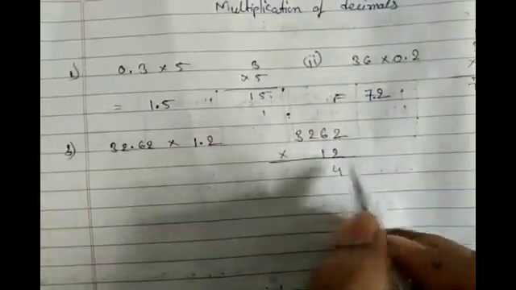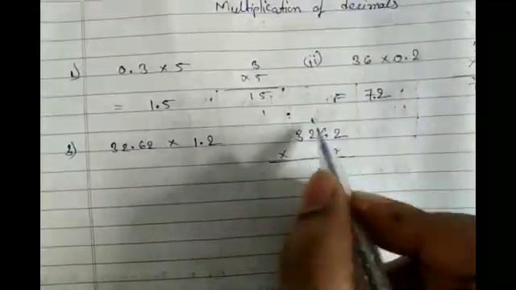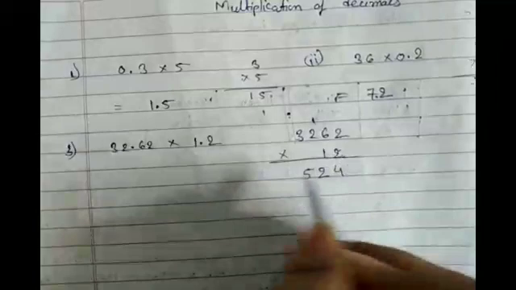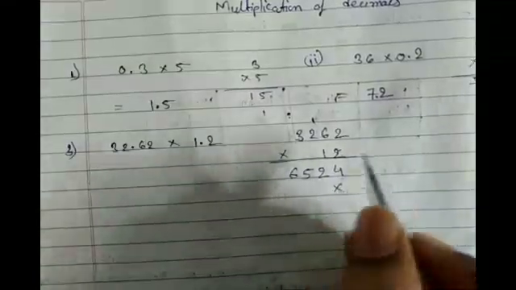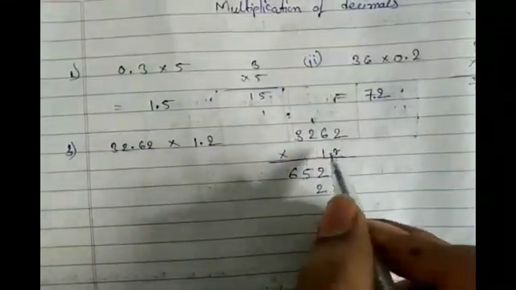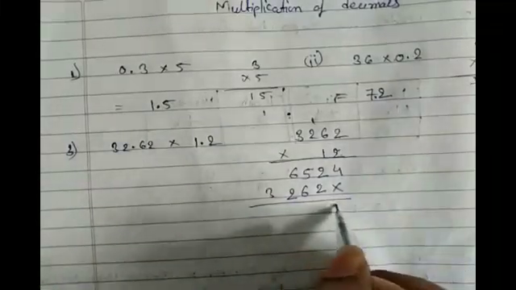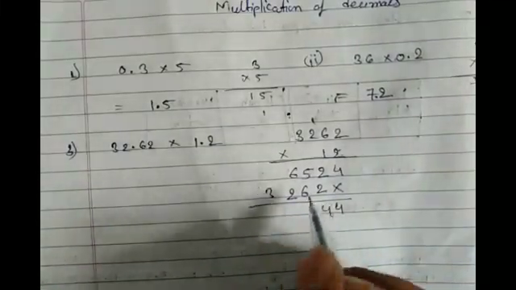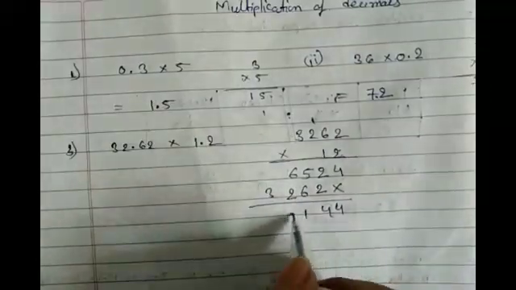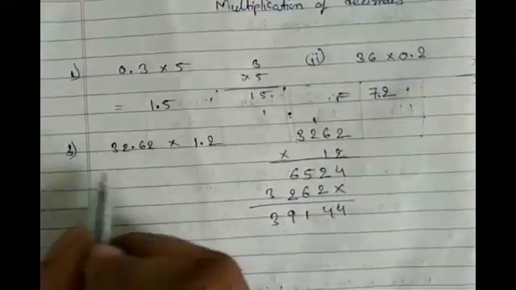2 2s are 4, 2 6s are 12, carry over 1, 2 2s are 4 plus 1, 5, 2 3s are 6, then 2 6 2 3, add them: 4, 4, 11, 9, 3.